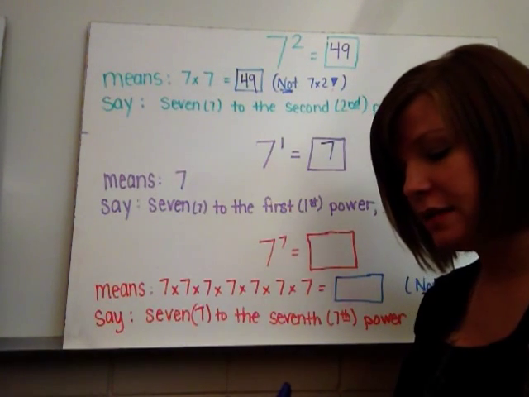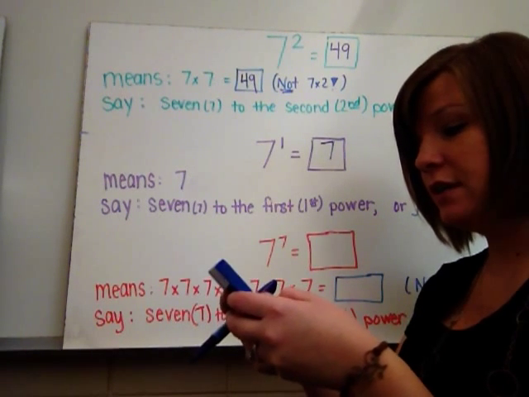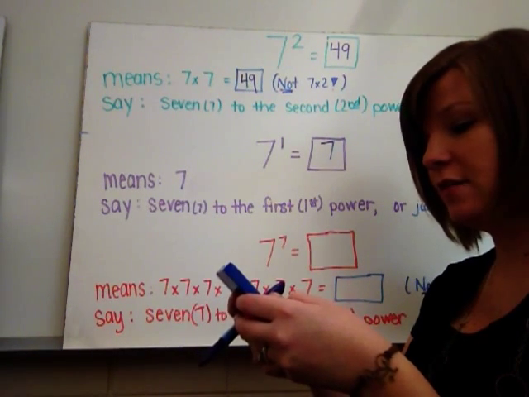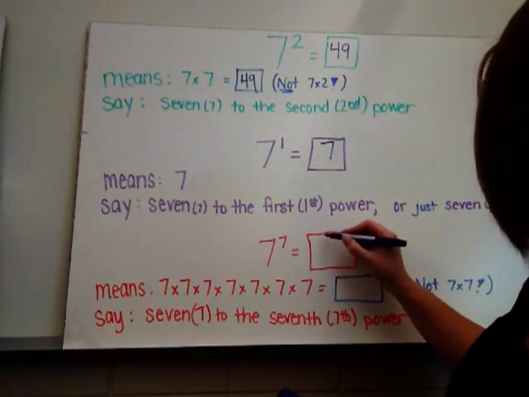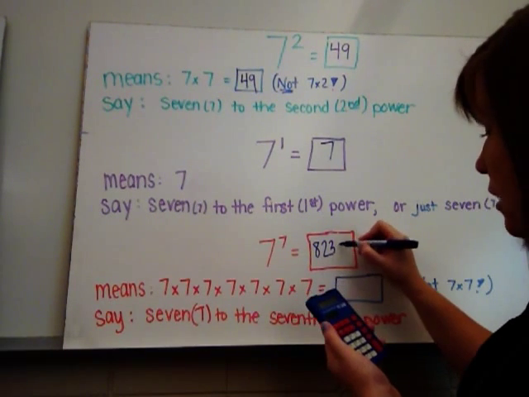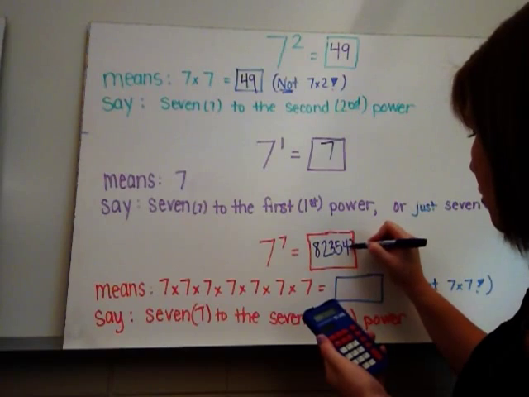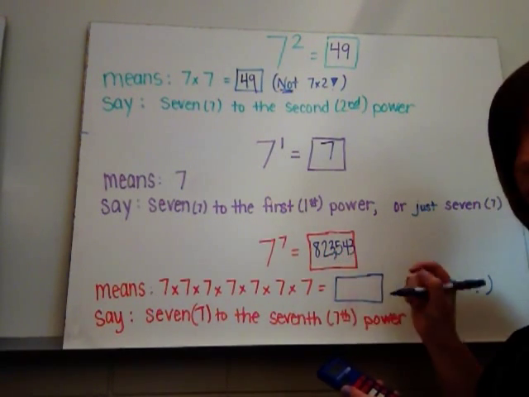So if I multiply 7 times 7 times 7 times 7, and if I do that 7 times, I get 8, 2, 3, 5, 4, 3. So it's 823,543.